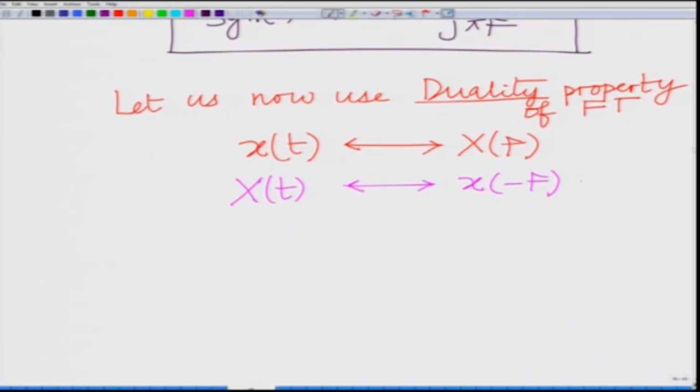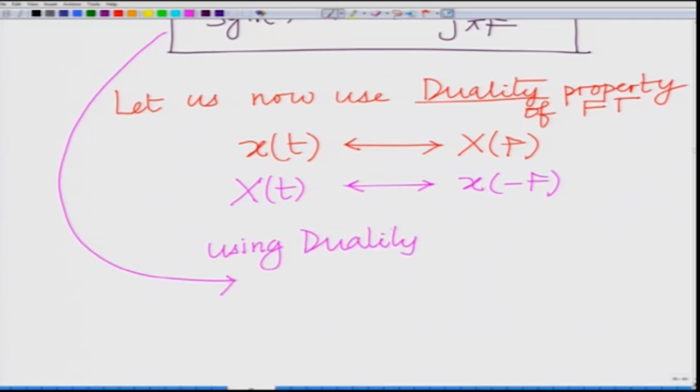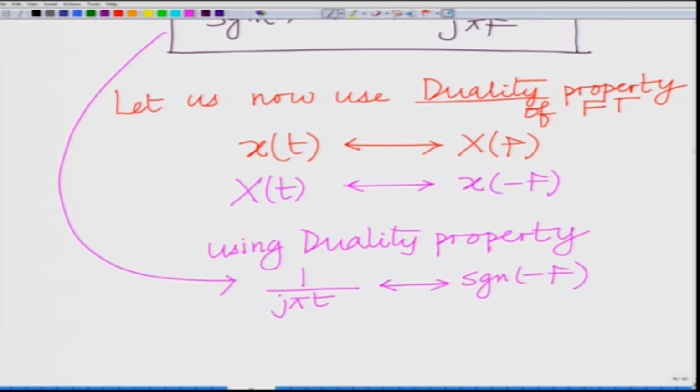Using the duality property, we have sin t has Fourier transform 1 by j pi f. So, using the duality property, 1 by j pi t has Fourier transform x of minus f, that is sin of minus f.